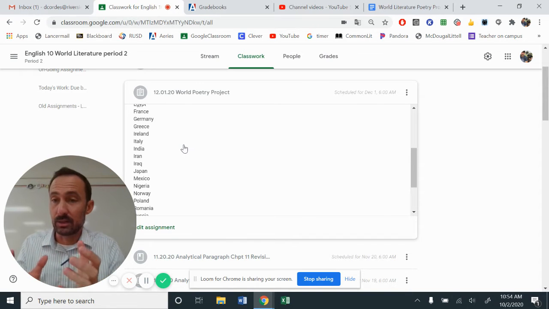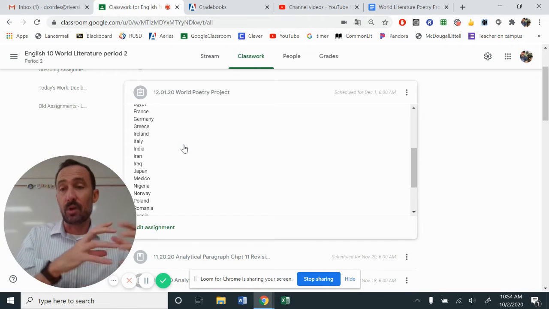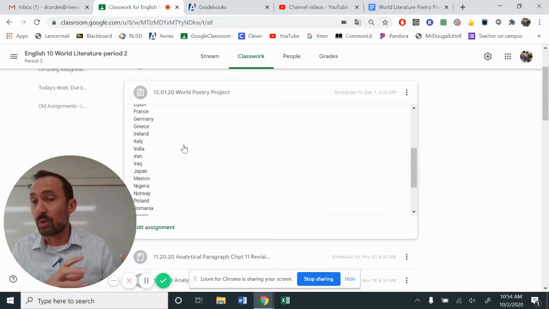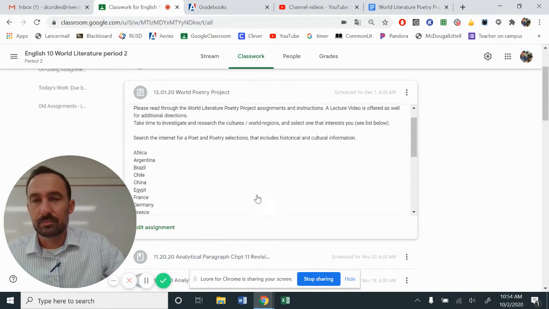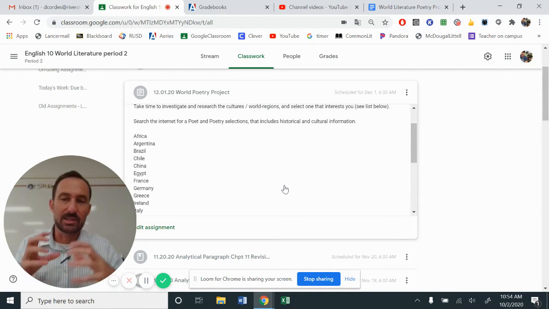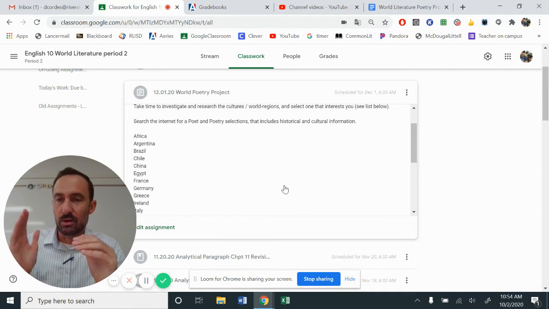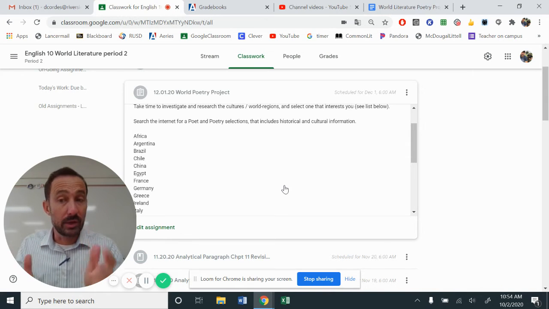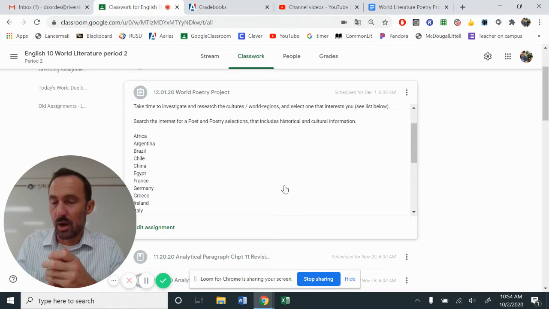Not that the poems have to do with Ireland, but the poems come from Ireland and an Irish writer or poet. So let's say for whatever reason you select China. That's the country you want to look at. You are going to look for Chinese poets between the year 1800 and 1950. Find a poet or poets, can be multiple, and find 3 poems that fit those requirements.